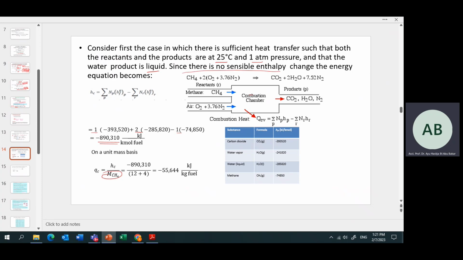Using this combustion equation, we know each of the moles in reactant and in product. Find out what the info is for the components, where here you have CO2, H2O in liquid.